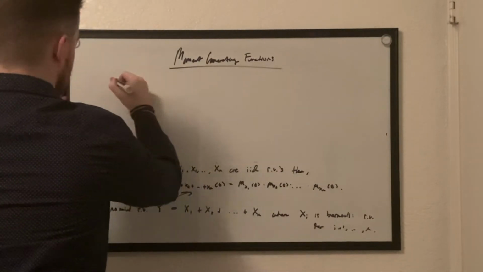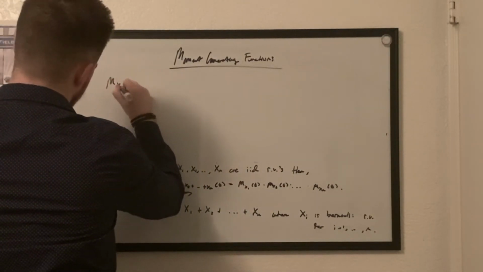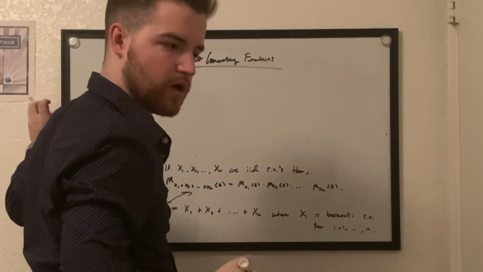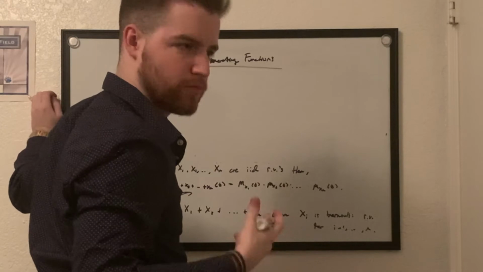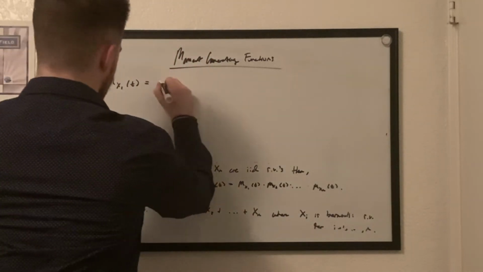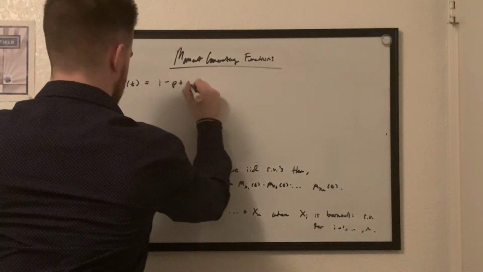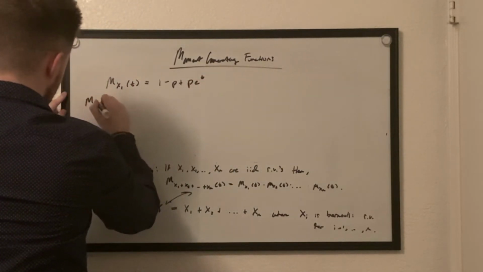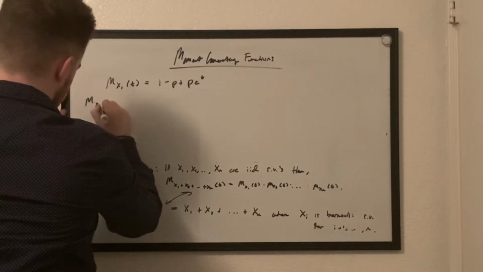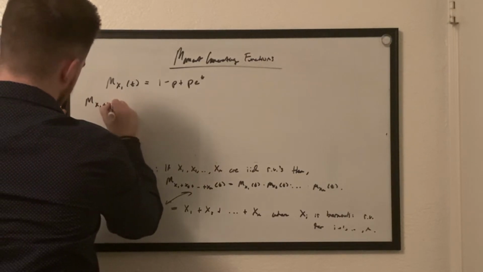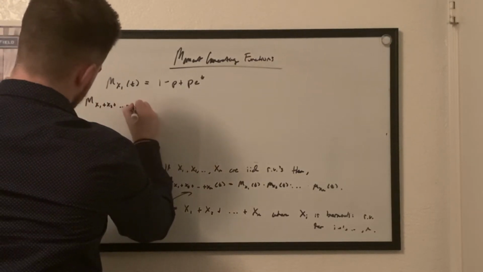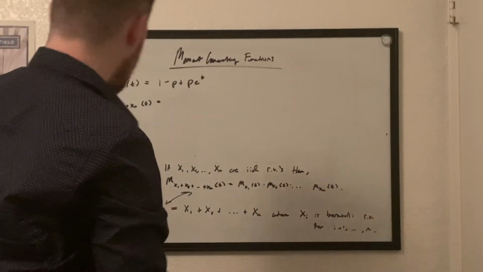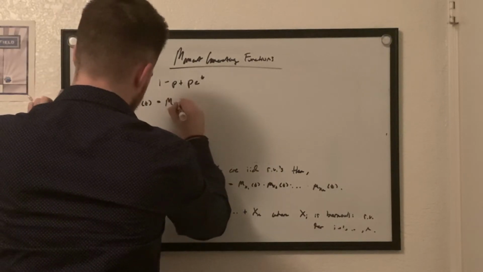So as I showed, M_X1, we'll call it, the moment generating function of our first Bernoulli random variable, is 1 minus p plus p e to the t.